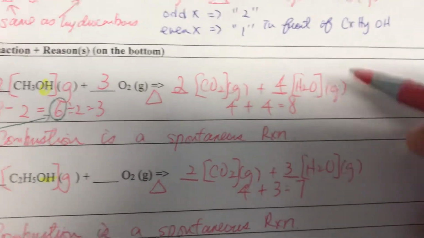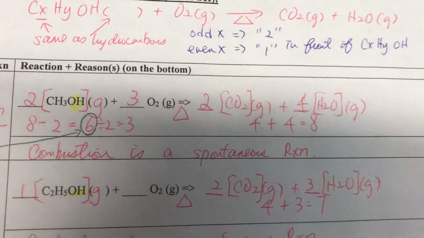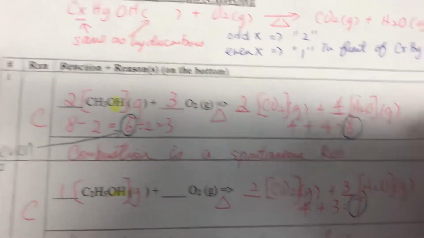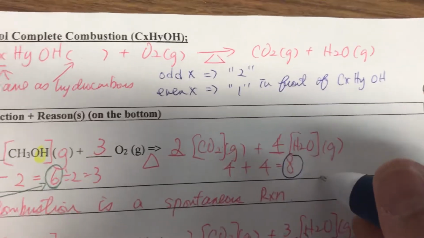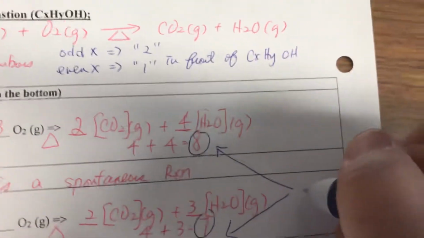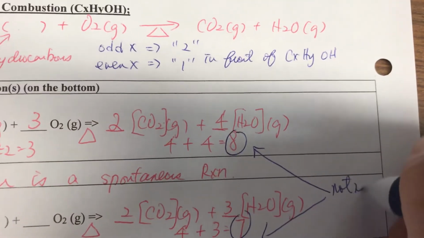Now, these two numbers, you notice that they are not necessarily even, right? Because this is not the number I'm going to divide by 2 to find oxygen.